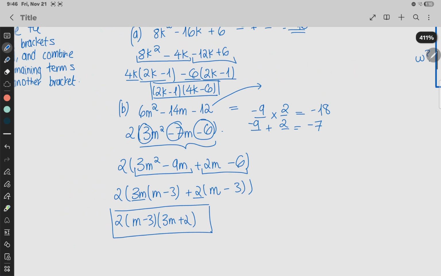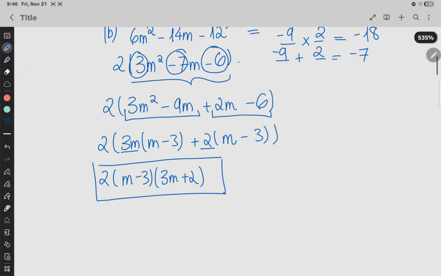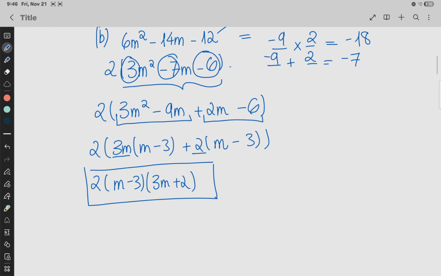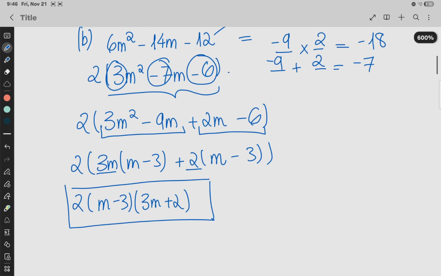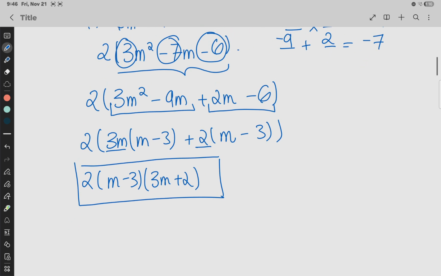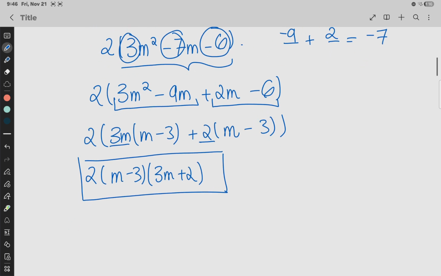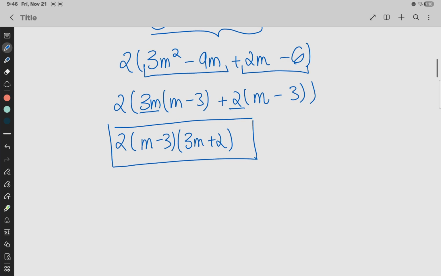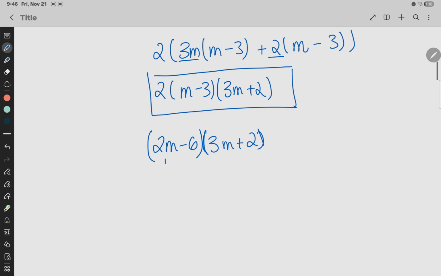Okay? So even if you don't common factor before you decompose, you'll be left with something like this. Which is technically the same answer, but you still have to factor this bracket out.